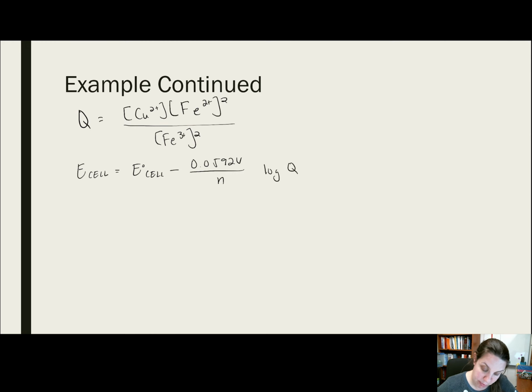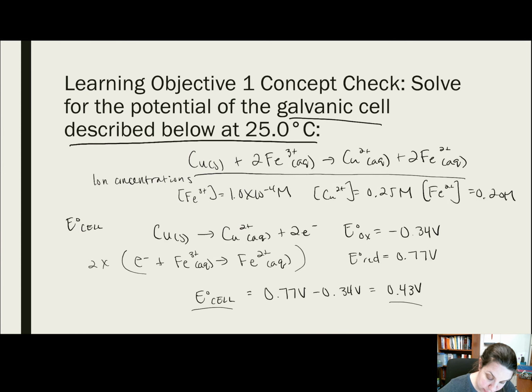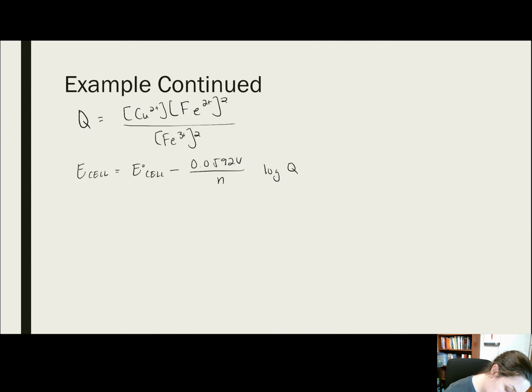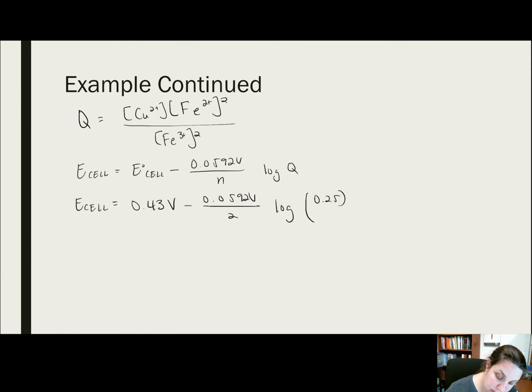Our N in this case, if we look for our balanced equation, we know we have to have 2 electrons. So N is equal to 2. And we do our log of 0.25 times 0.20 squared divided by 1.0 times 10 to the negative 4 squared. And what we get is an E cell equal to 0.25 volts.